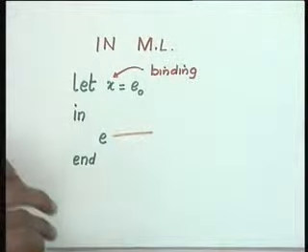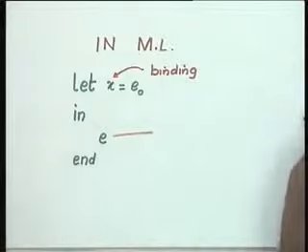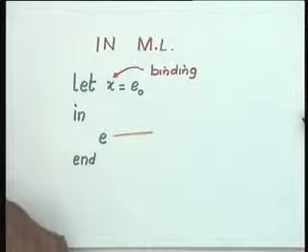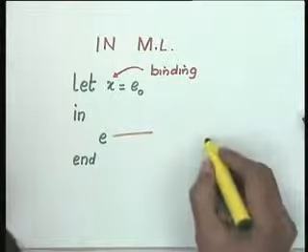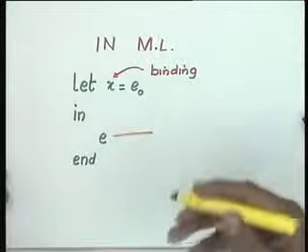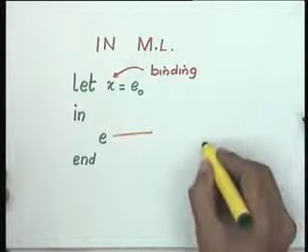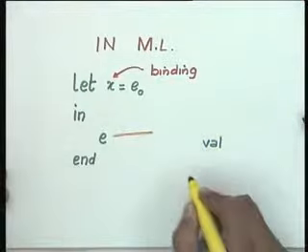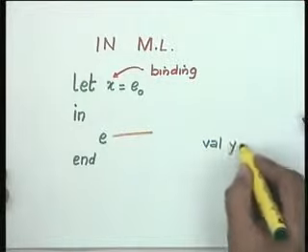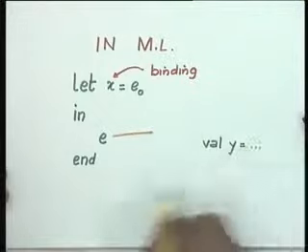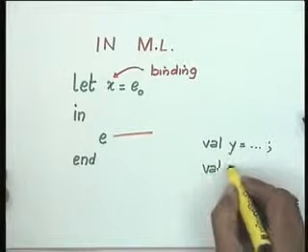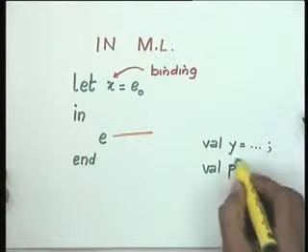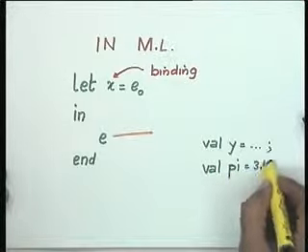So in a typical ML session, you also introduce names in the beginning as val y equals something, val pi equals 3.149.